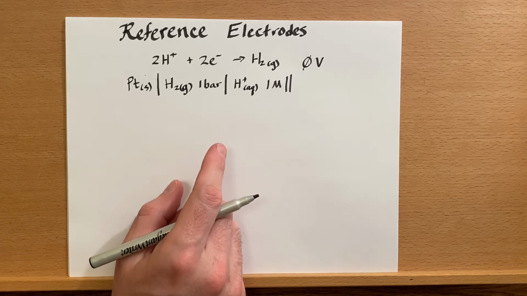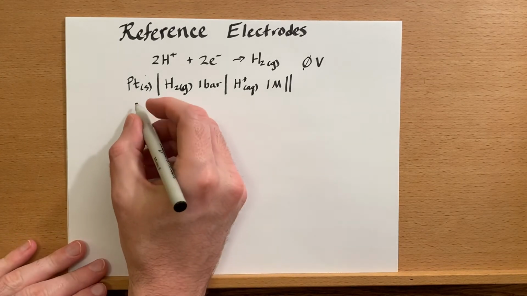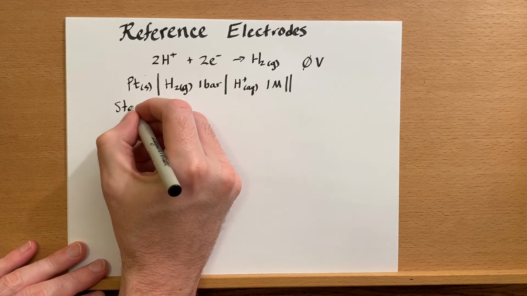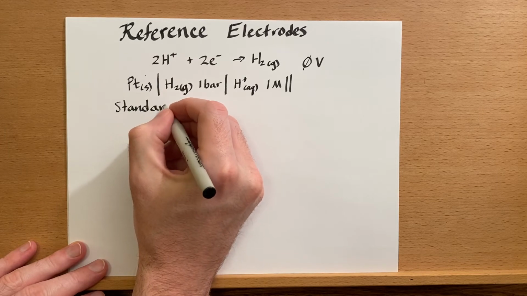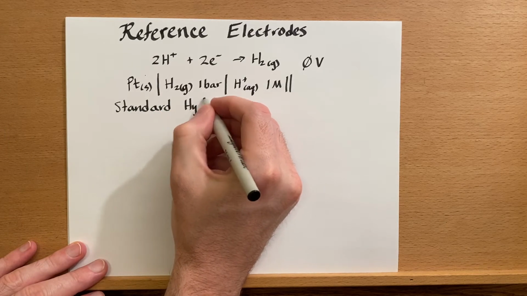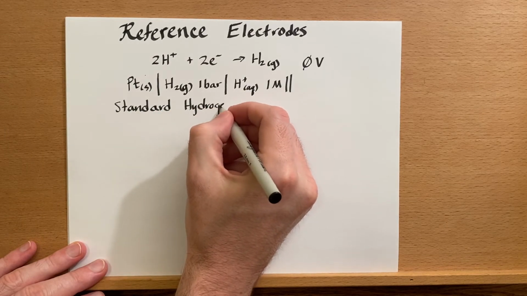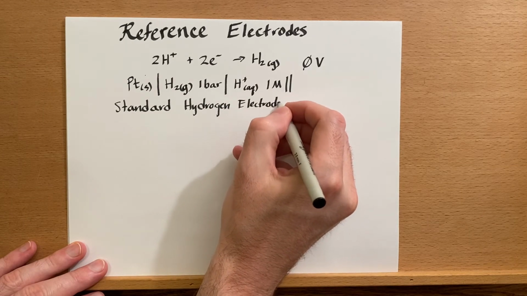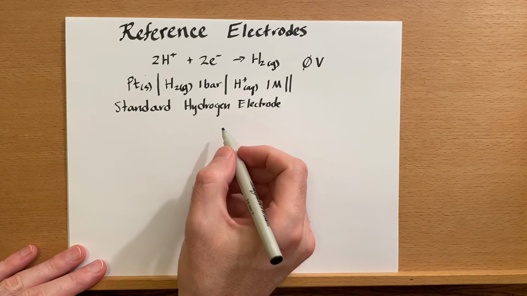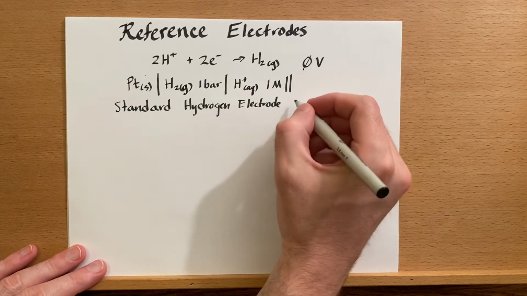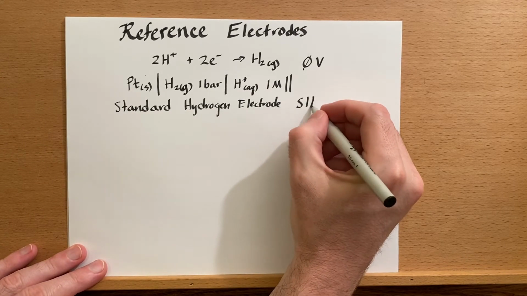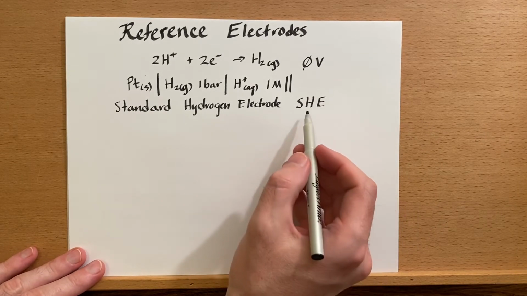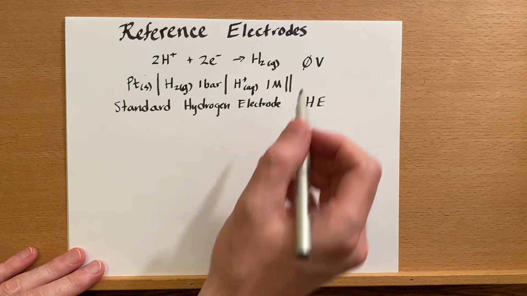Now, this is called the standard hydrogen electrode, and it gets abbreviated SHE. And we've arbitrarily chosen that that potential should be 0.